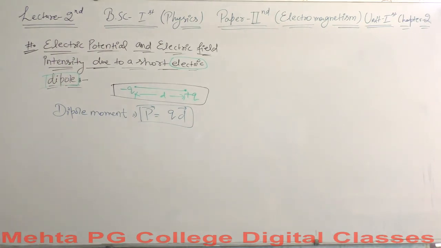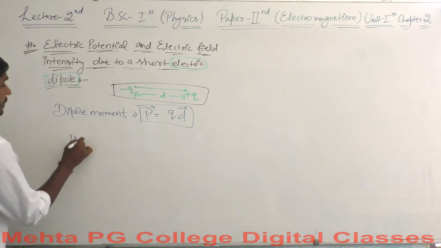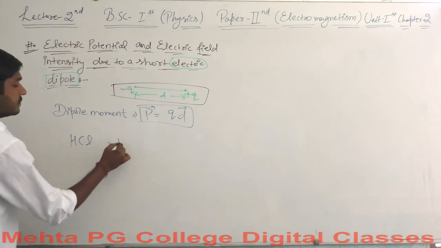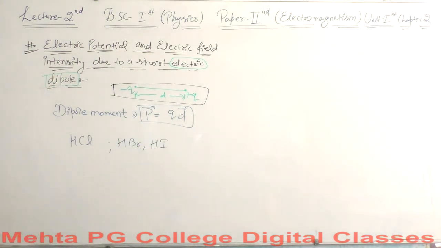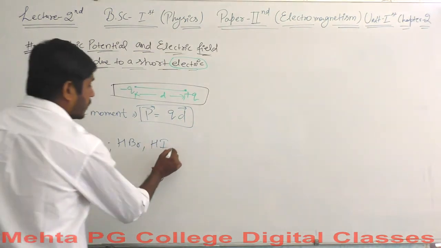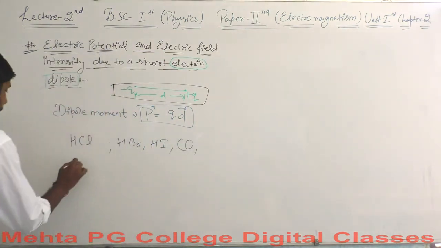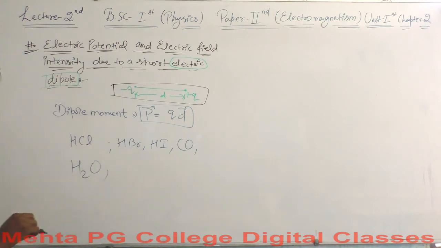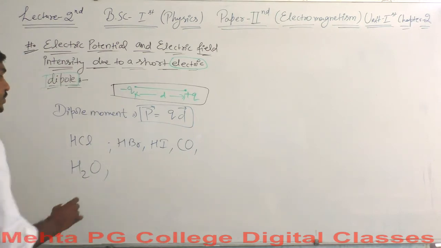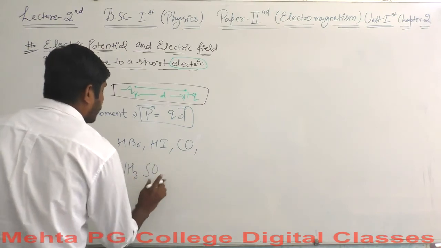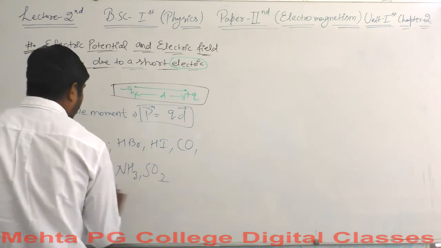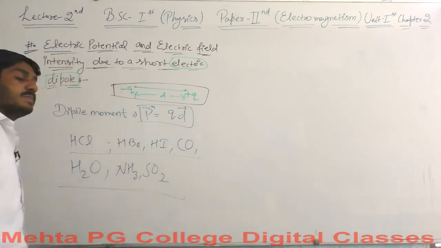Well, we have some examples of electric dipoles, saying HCl, HBr, HI, and CO, H2O, NH3, SO2. These are the compounds in which a symmetrical charge distribution has been seen.